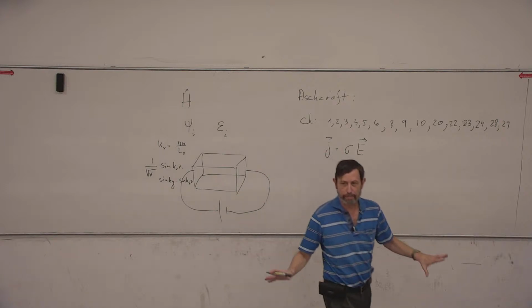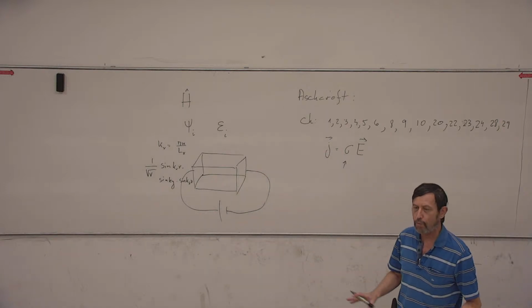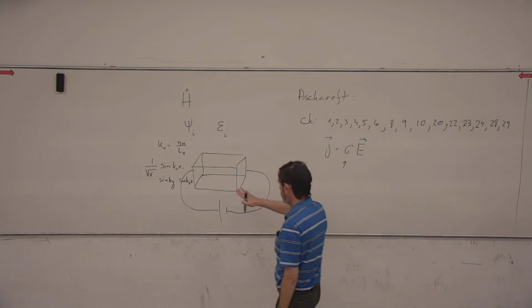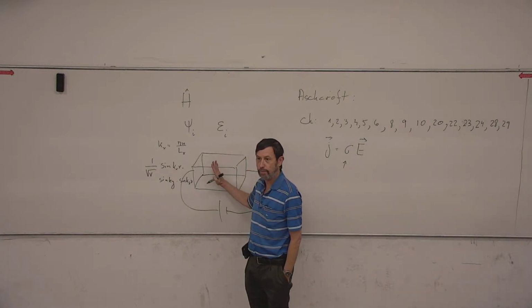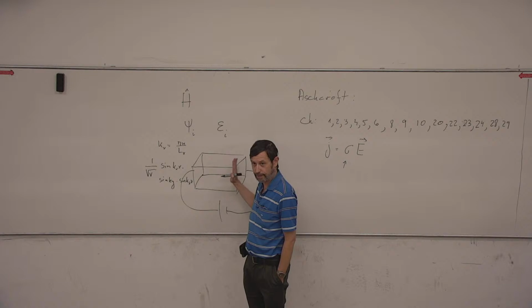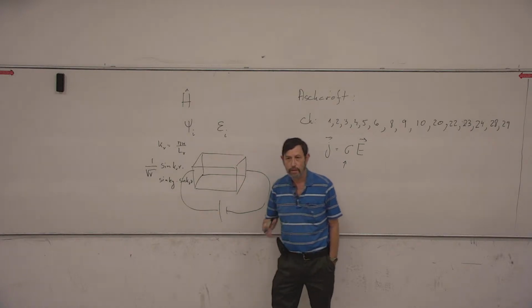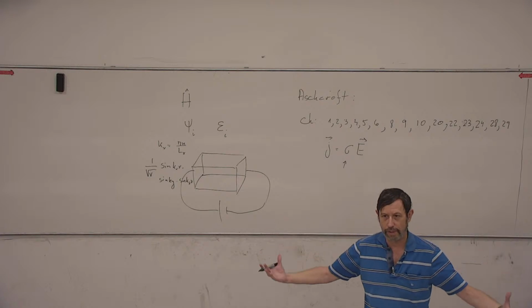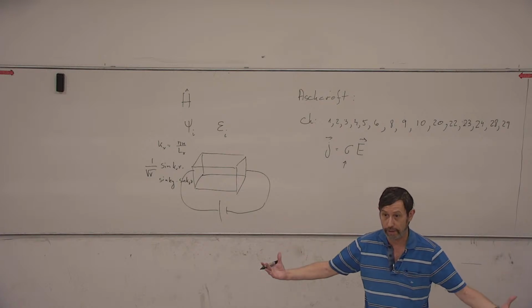So there are people who worked with all kinds of methods. That's one problem. In order to pass current through a system, you have to connect it to the outside. Once you are connecting it to the outside, you have to say something about the outside.